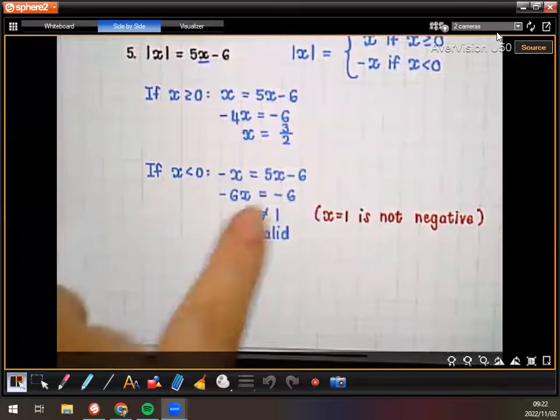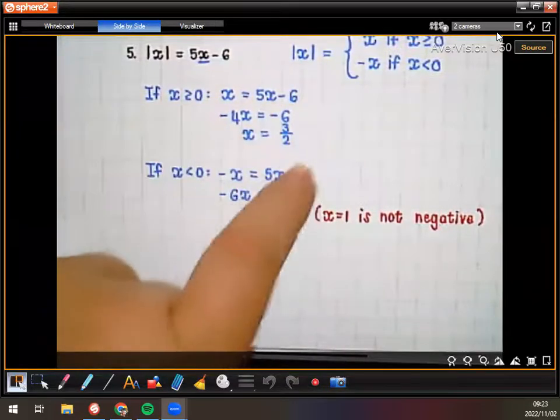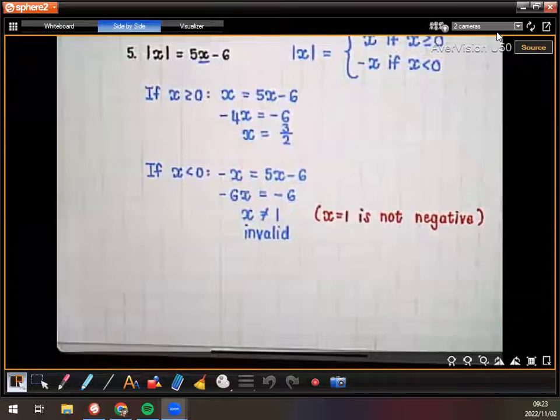So for the 5x minus 6, it would be positive. So negative 5x minus 6. It depends on what's in that.